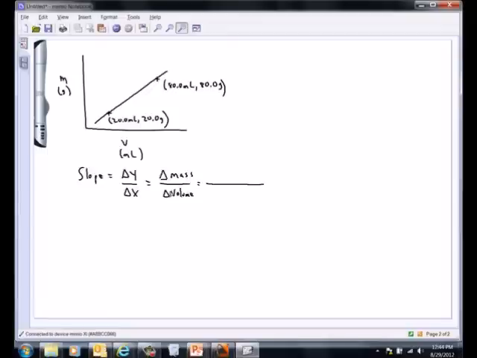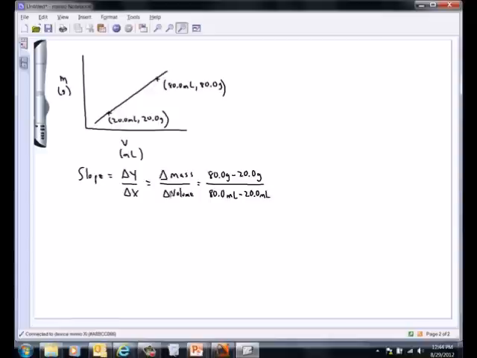Now I'm going to write down my steps here so I can go back later and see my work. My change in mass, I went from 20 grams to 80 grams, so I'm going to have 80 minus 20. And the same thing for the volume, 80 minus 20. And then finally, do the math and express my answer as a decimal.